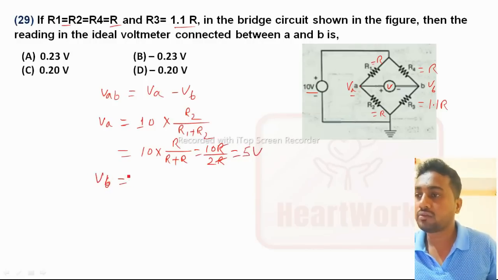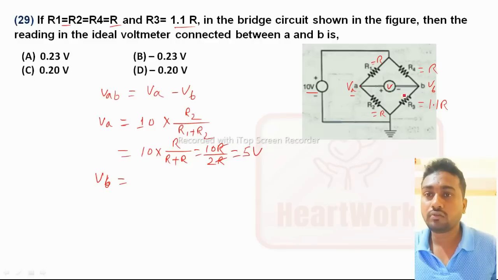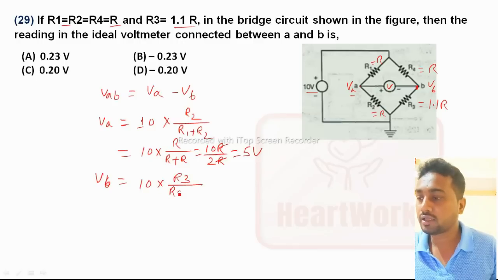Likewise we have to find VB also. So for VB, we apply the voltage divider rule. Here the voltage is 10 into R3 divided by R3 plus R4.